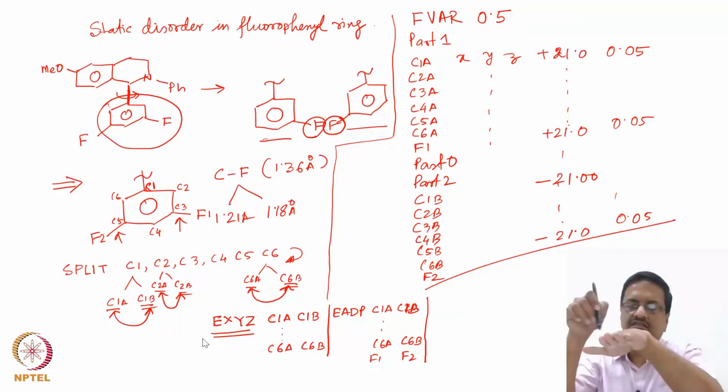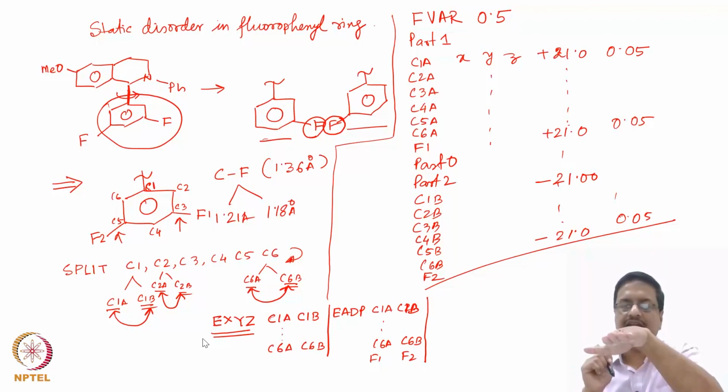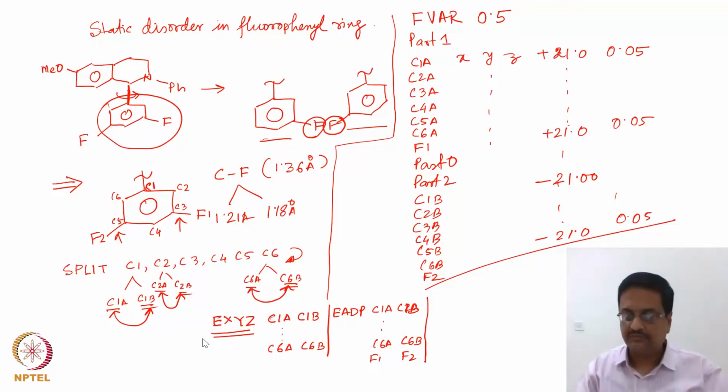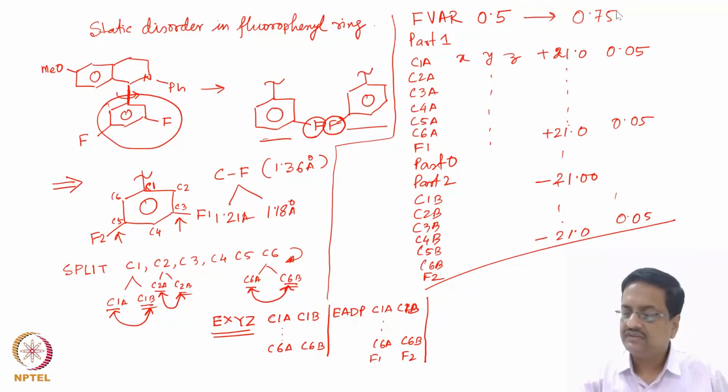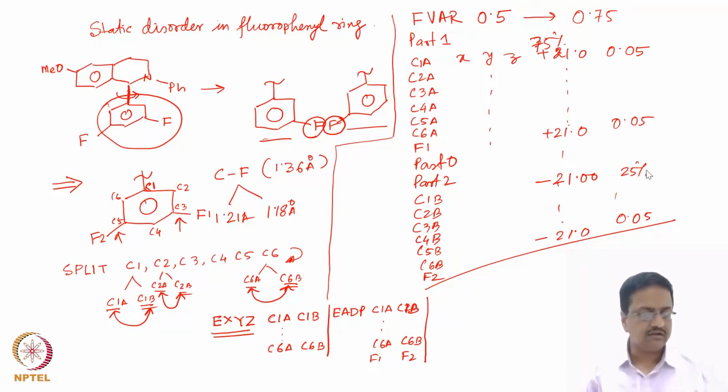We are assuming these carbon atoms which are on the plane of the paper, or in the rotational plane, are at EXYZ, meaning they are at the same point for each and every atom corresponding to those carbons. When you do this refinement, you will end up getting this FVAR value refined to maybe 0.75, which will indicate this as 75% and that as 25%. So this will then conclude the status of disorder in these types of molecules.